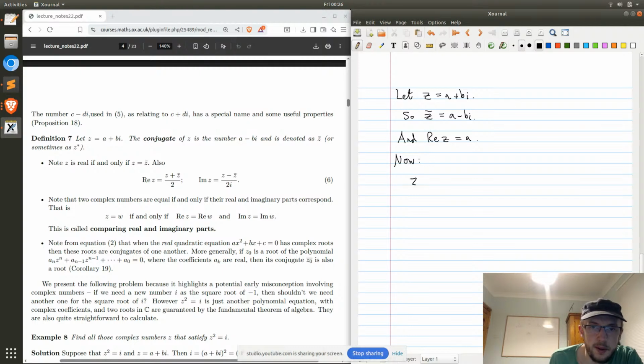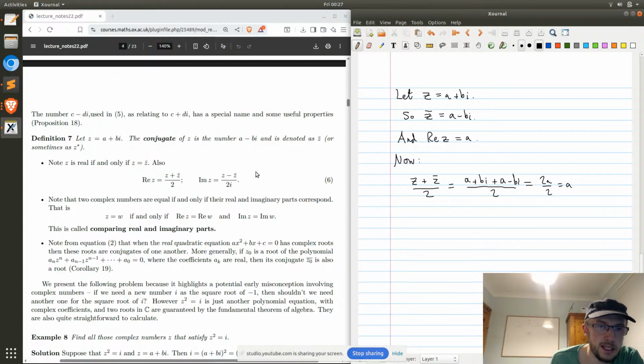Now, z plus z bar all over 2. Well, let's see. That would be a plus bi plus a minus bi. When you add these up, it seems self-evident now that you get 2a over 2, which is a.